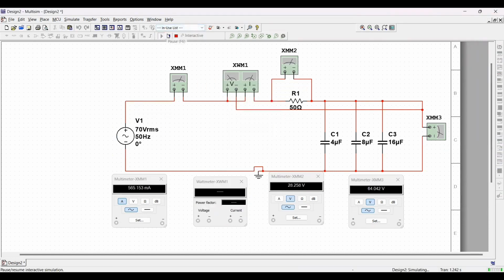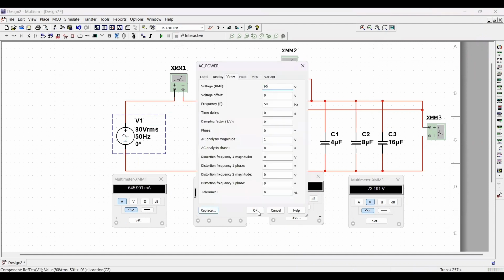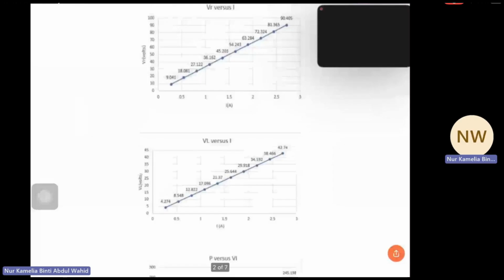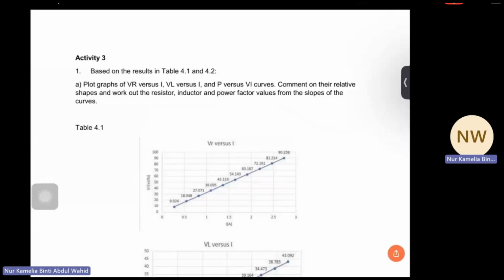And this is for the 70, and 80 volt. And then for 90, and for the last one we choose 100. This is the value.